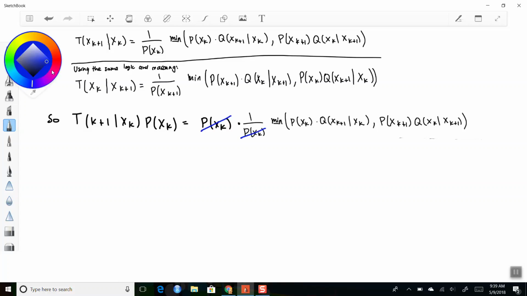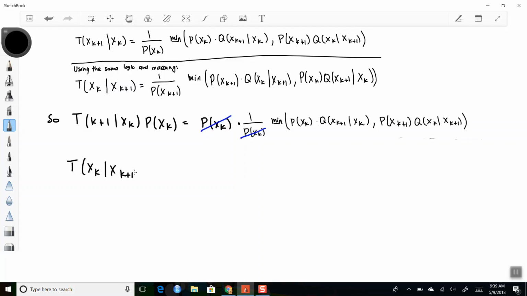All right, and then if we look at the other one, xk, given that we are at xk plus 1, times the probability of xk plus 1, this will equal the probability of xk plus 1 times 1 over, well, I'll just copy this.